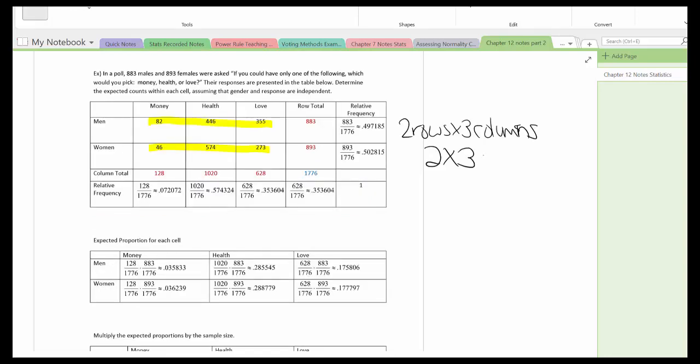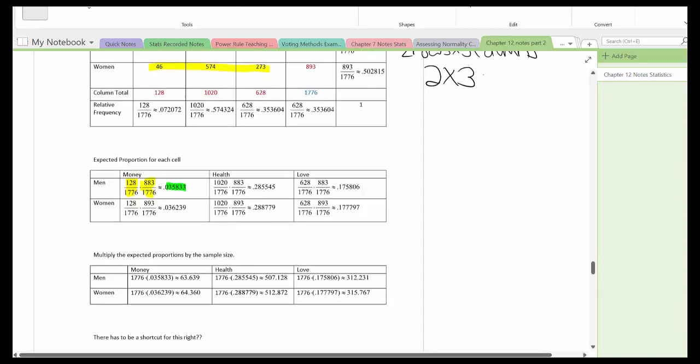So I've done this example to help with the expected counts. Originally the data is in 2 rows and 3 columns, in other words, a 2 by 3 table. I've done every column total, every row total, and all the relative frequencies for each column and for each row. So the expected proportion of each cell, let's just take a look at one, men and money, would be the relative frequency for the column times the relative frequency for the row, and we get this particular decimal.